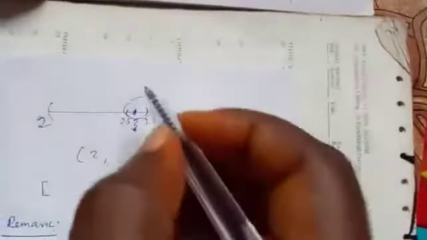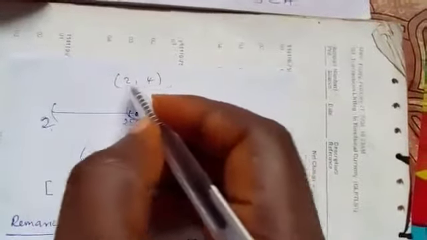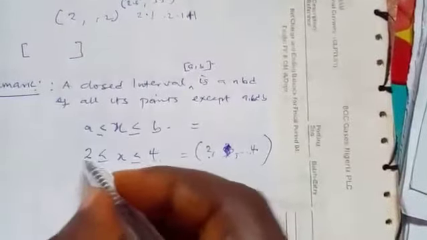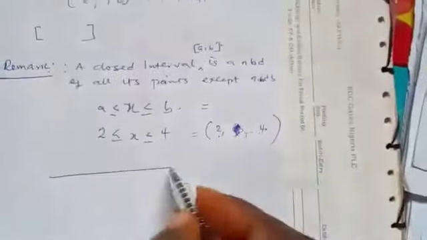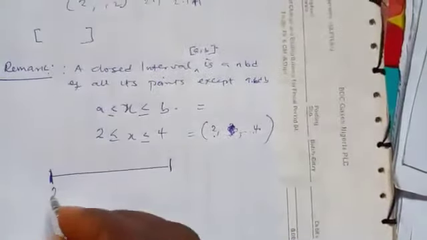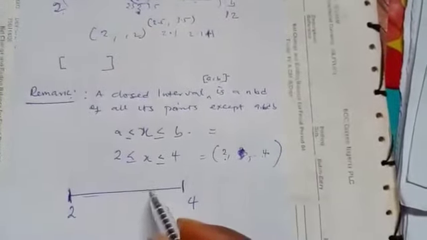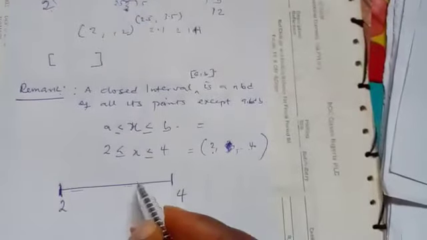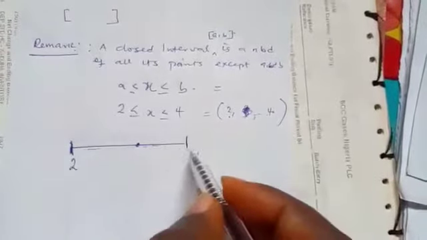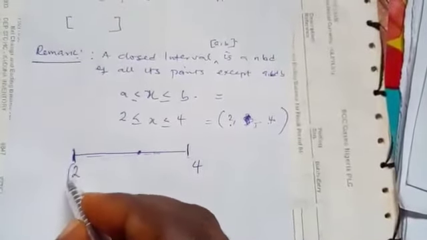But if it is an open interval, if I say open interval (2, 4), it simply means that 2 and 4 are not part of the set. Let's assume that I want to create an open interval. Any number we pick between this line, we will always be creating an open interval. But let me go and pick 2.